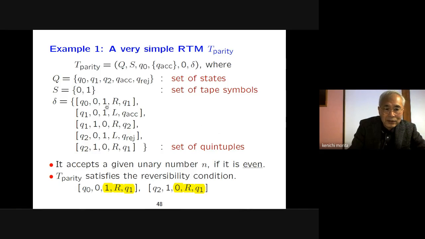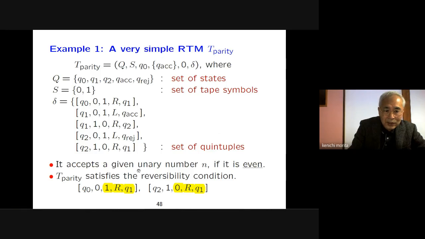It is defined by only 5 quintuples. Okay. For example, the first quintuple says if the Turing machine reads the symbol 0 in Q0, then it writes symbol 1 and shifts the head to the right and becomes the state Q1, and so on.